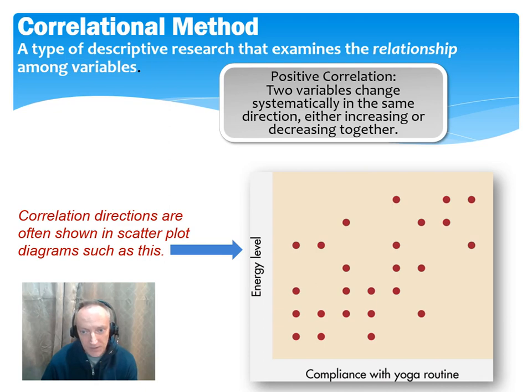And you're going to see the more somebody reports compliance with a yoga routine, the more energy level they're reporting. The less energy level somebody's reporting, we can predict the less they've complied with the yoga routine. And if you look at that scatter plot, you can see all the points are sort of going in this direction, that as one increases, the other increases.